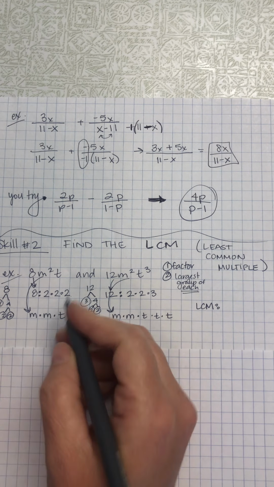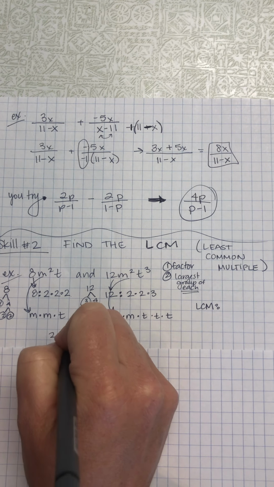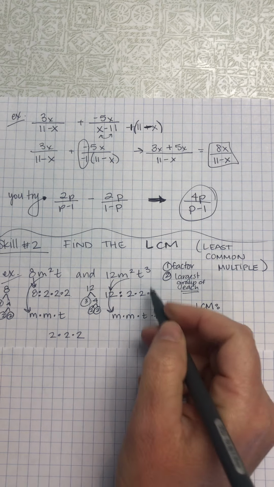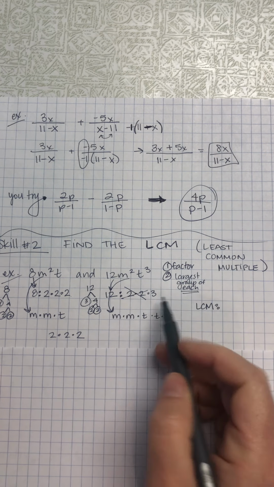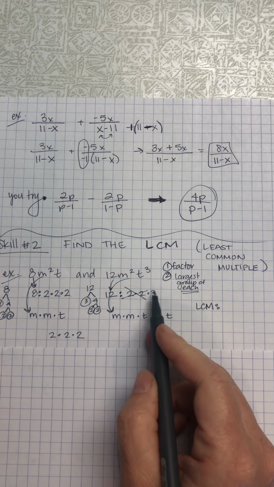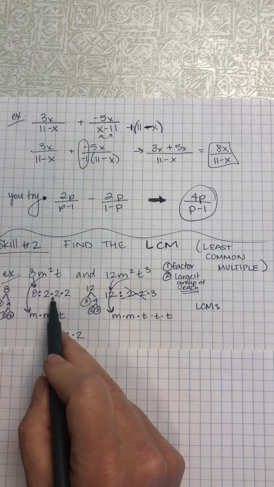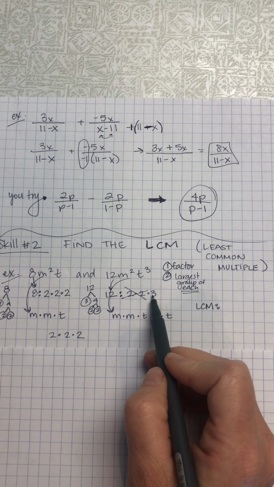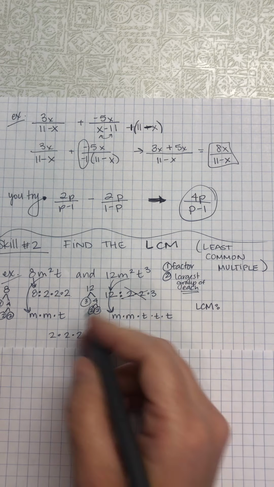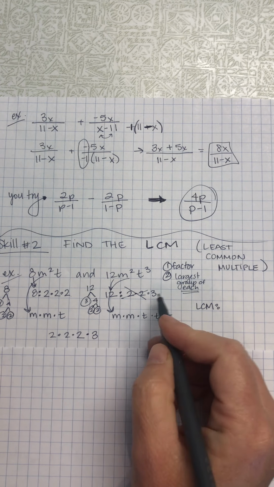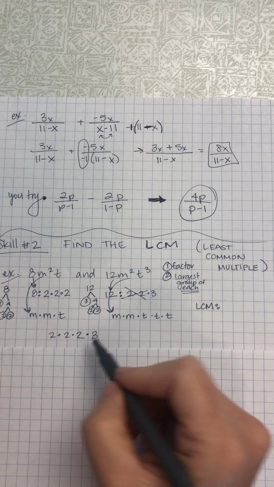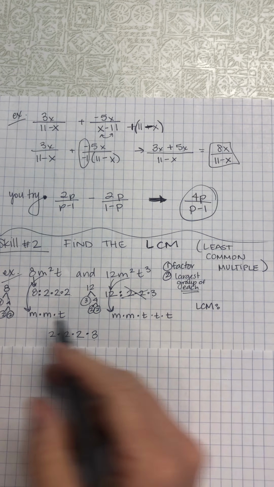So the largest group is 3 2s. So I'm going to take 2 times 2 times 2, and I'm not going to use the 2 2s because that's smaller. And then there's nothing else from 8 to use, but on 12, there's a 3, so I'm going to throw in my 3. The largest group of 3s that I have is 1, so I'm going to add that to my LCM.